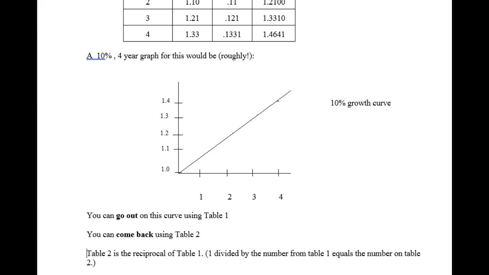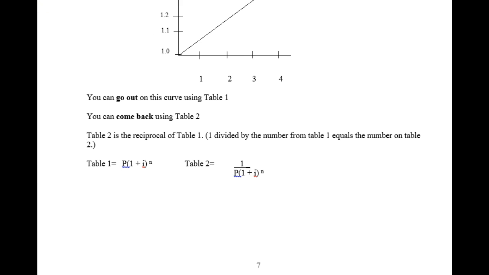So table 1 just shows you a 10% growth curve going out, and table 2 brings you back. When I say a reciprocal, just dividing 1 by, I mean it literally. Take a look at the formula for table 1, and then take a look at the formula for table 2. Table 2 is 1 divided by table 1.